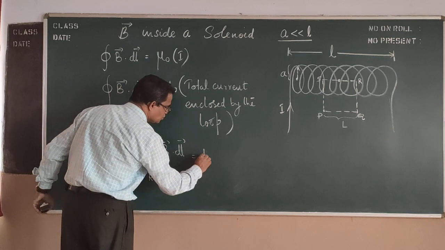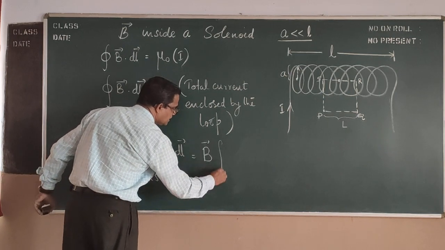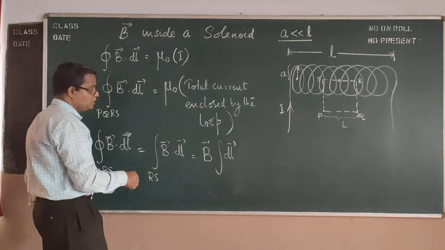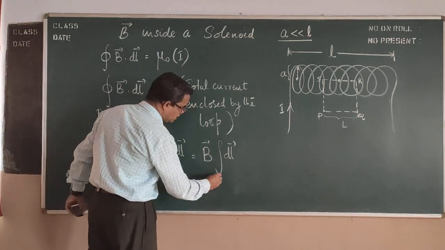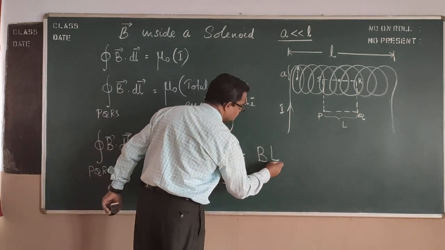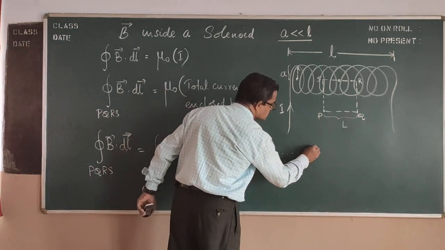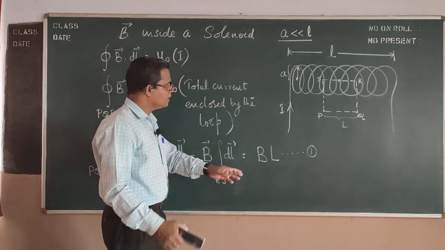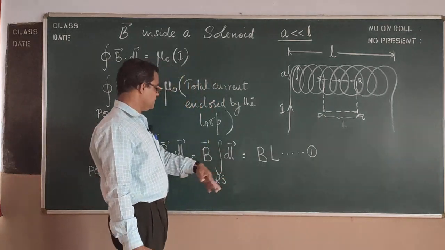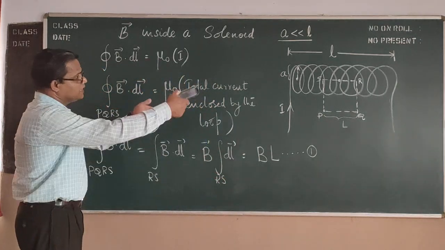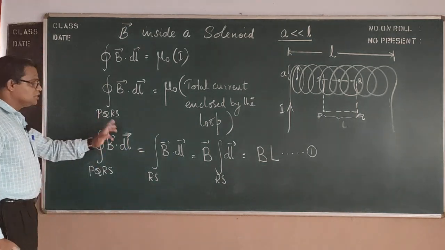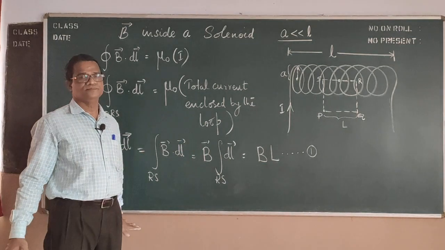This will be equal to B into integral dl, because B is uniform inside, and therefore B into integral dl over RS will be equal to B into L. This is equation 1. L we have taken as the side length. RS is the length, therefore the integral of dl will be the length of that side. So the left hand side is reduced to a simple value like this.